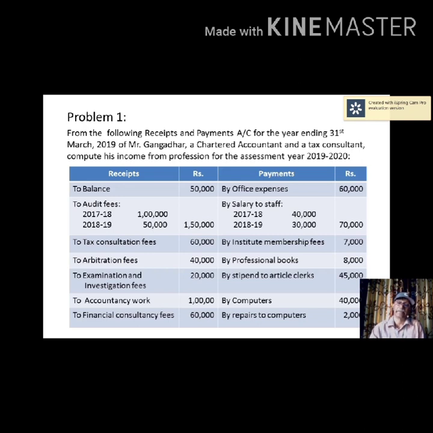Then stipend to article clerks. That is very much an item relating to chartered accountancy profession, therefore that should be taken. Then purchase of computers, that is not allowed, but then depreciation on computers is very much allowed in the computation of professional income. Then repairs to computers, that's allowed.